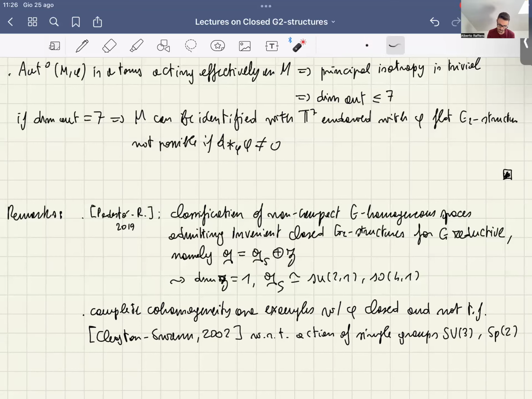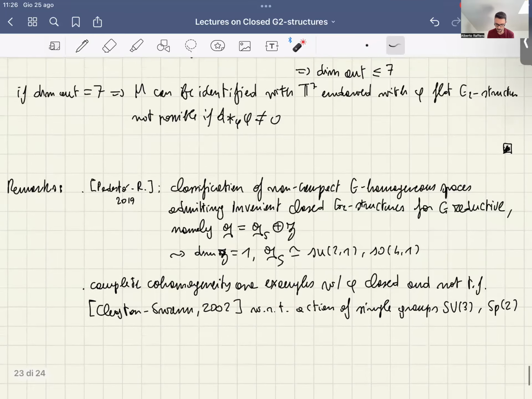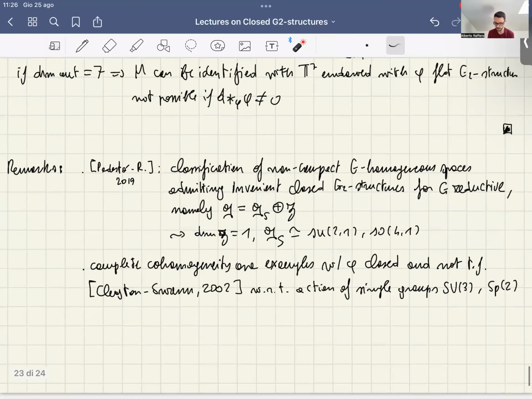And what they observed is that these examples, that are of course non-compact, only occur on manifolds that admit invariant G2 holonomy metrics. So these are the examples that were first found by Bryant and Salamon on the space of anti-self-dual 2-forms over the four-sphere and the space of anti-self-dual 2-forms over the complex projective plane.